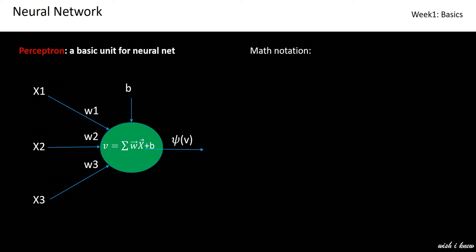In the cell, what we're going to do is multiply a weight value to each input, and then sum them up, and add a bias, and then we apply an activation function, and the output of the function is our actual output.